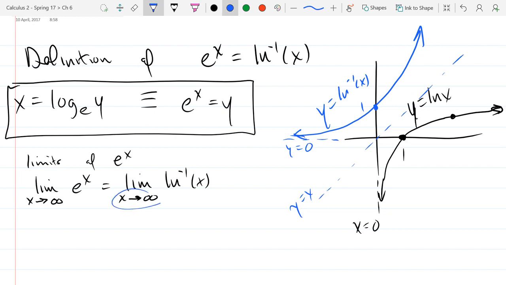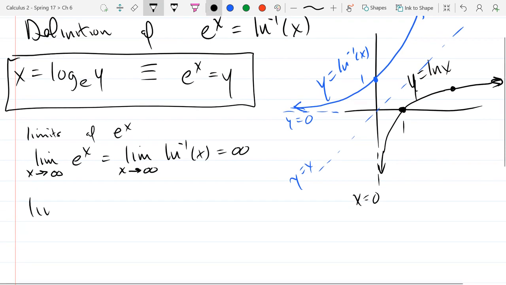Now we can answer the question: what happens when x approaches infinity on the blue graph? What happens when x gets really big? What happens to y? It's really big too, so it's going to approach positive infinity. And the other limit that's interesting, negative infinity.